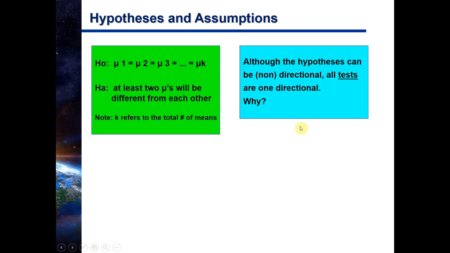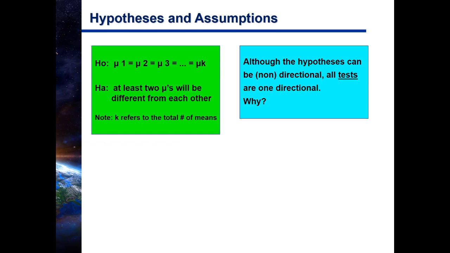Okay, so one more time, the hypotheses in ANOVAs can be one-tailed, two-tailed, directional, non-directional, however you want to use those terms. Okay, so it can go either way, the hypotheses, how you write them out. But the test itself is always going to be a one-tailed test. Always. Okay, always a one-tailed test.